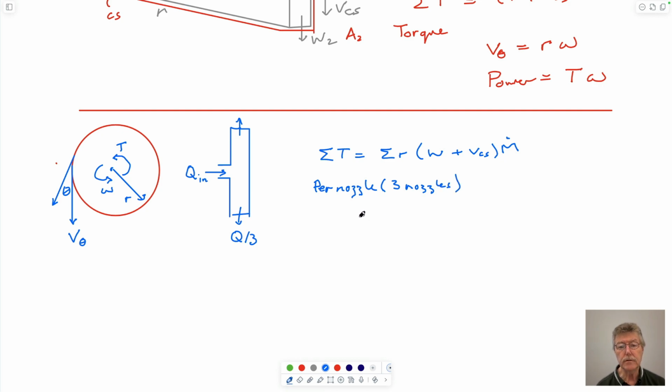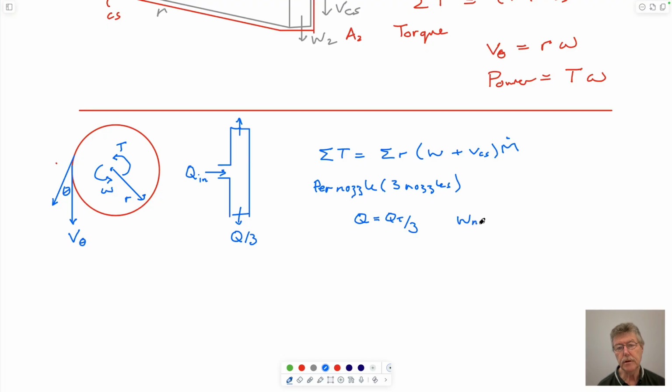So Q per nozzle would be equal to Q total, maybe, over 3.